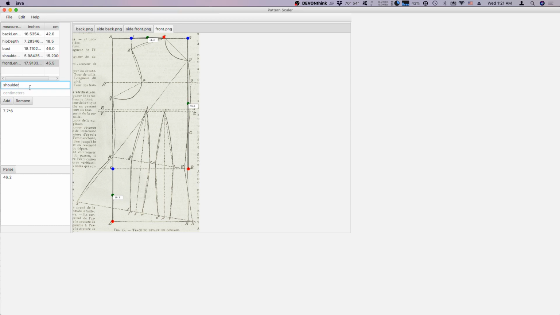Shoulder. And let me check whether any modifications are needed.